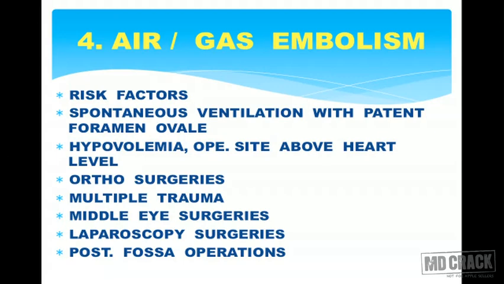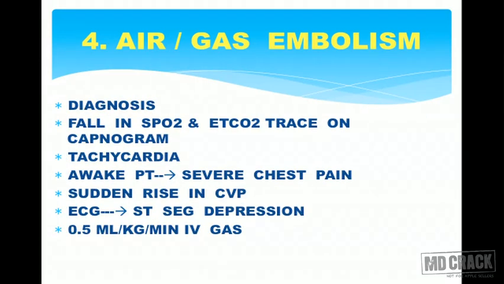Laparoscopic surgeries form one of the mainstays of air or gas embolism. Also posterior fossa surgeries, which occur in neurological cases, can lead to air or gas embolism. So, highlighting the main risk factors again: spontaneous ventilation with patent foramen ovale, hypovolemia, orthopedic surgeries, polytrauma, posterior fossa operations, laparoscopic surgeries, or middle ear surgeries are the risk factors for air or gas embolism.